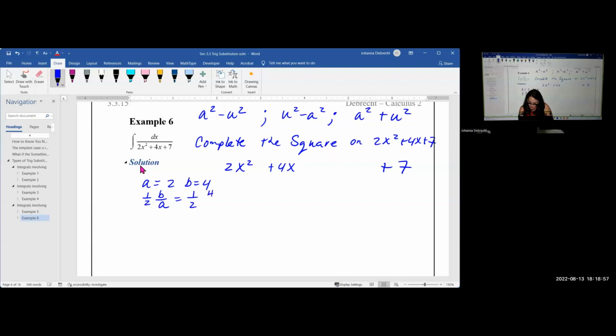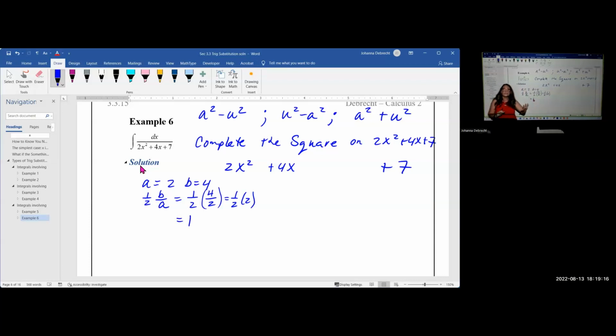And if you don't, this is a good review. So we have 1/2 of 4 over 2. 4 over 2 is 2. So I have 1/2 of 2, which gives me 1. All right, so half of B over A is a 1.